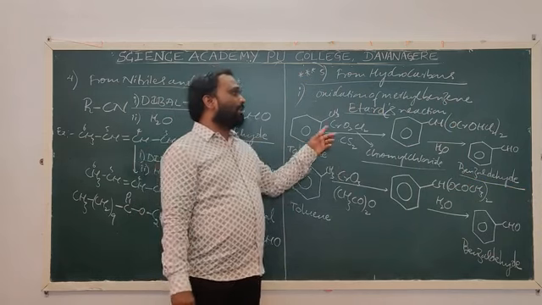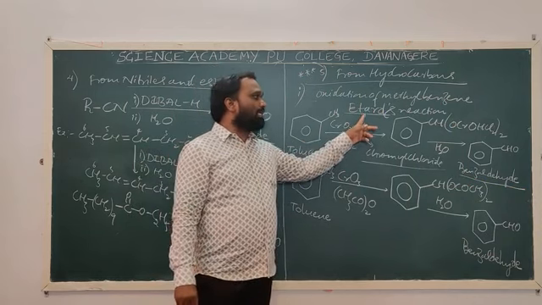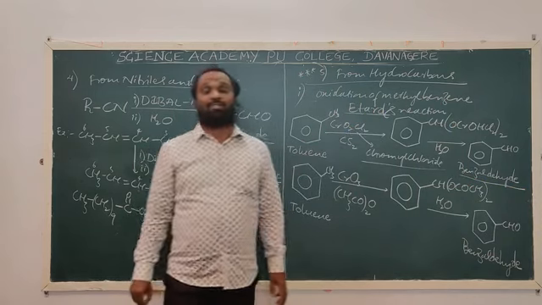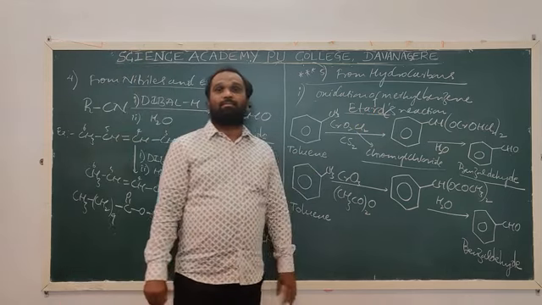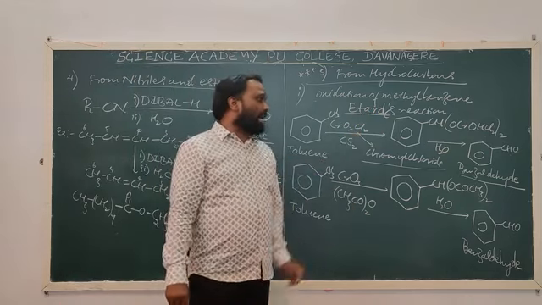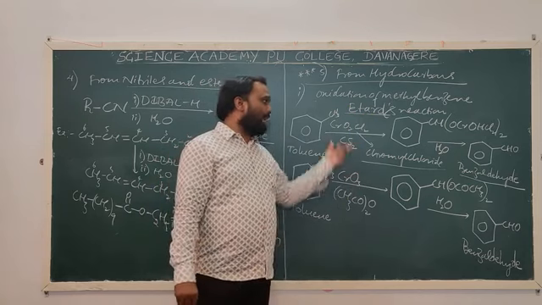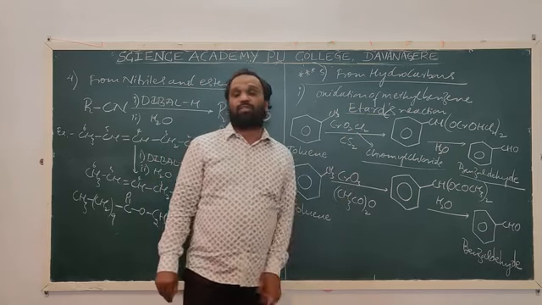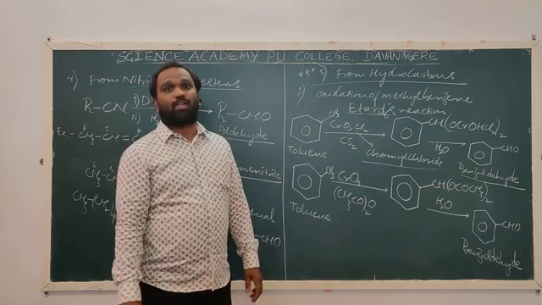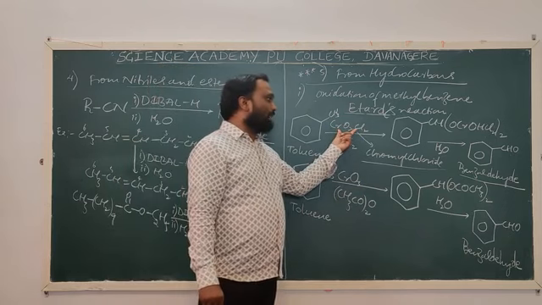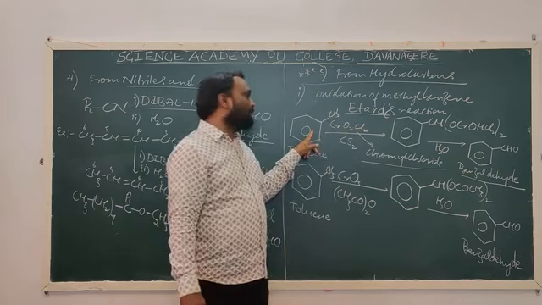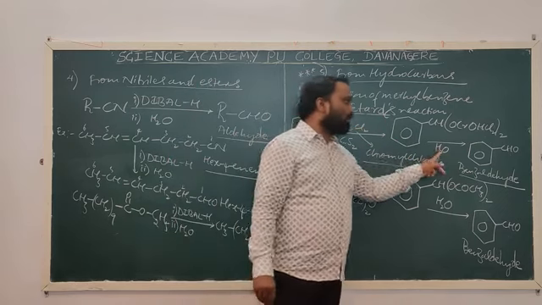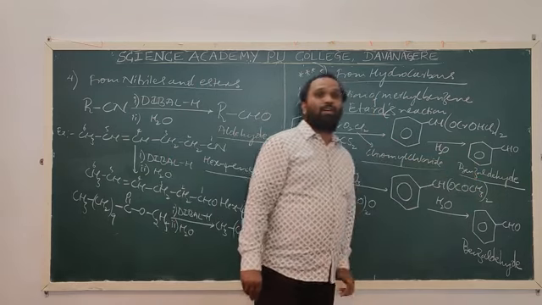In previous examinations, the question was: name the oxidizing agent used in Etard's reaction. That question appeared last year. So in Etard's reaction, the oxidizing agent used is CrO2Cl2 in presence of CS2. So this chromyl chloride forms a complex of chromium with the toluene, which on hydrolysis gives benzaldehyde.